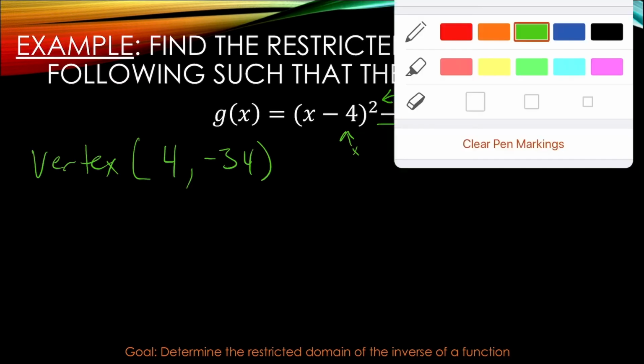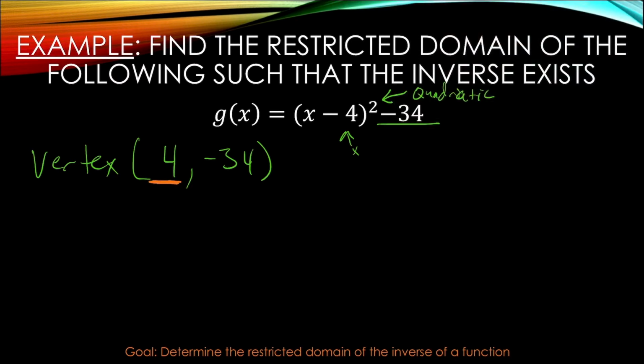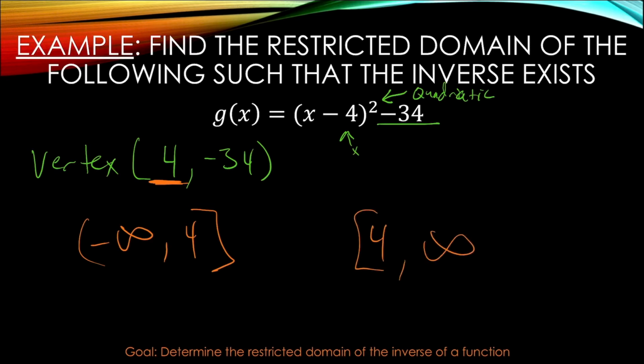Now, I really only care about that x coordinate because that's the piece that talks about domain. Domains talk about x. So I'm going to say from negative infinity to a positive 4 is the restricted domain that I'm going to look at. If you want, you could totally go 4 to infinity. That one works too, looking at the right side of the quadratic.